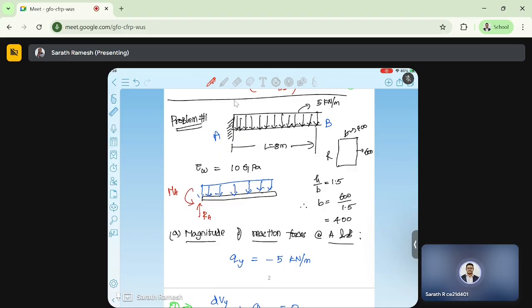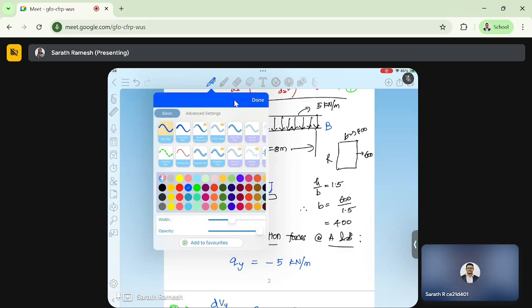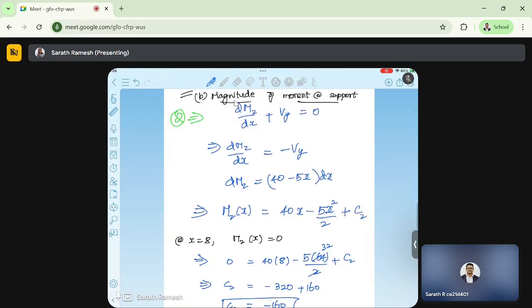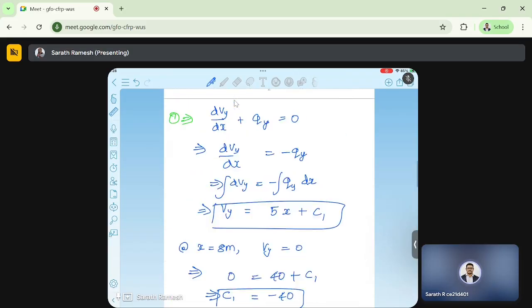So RA will be equal to the total load. I'm doing that method also. Summation of Fy equal to 0, from the free body diagram.